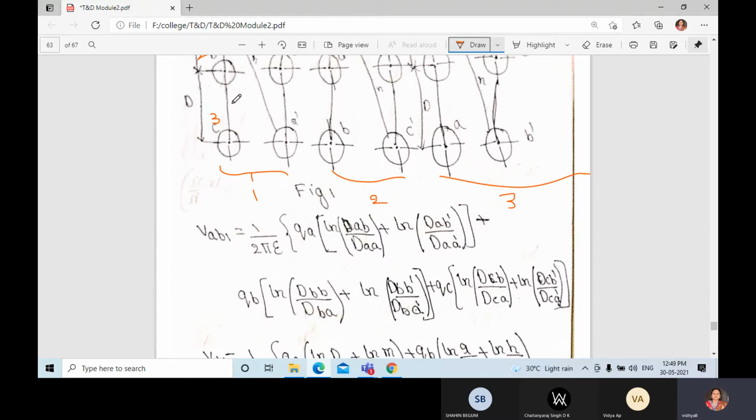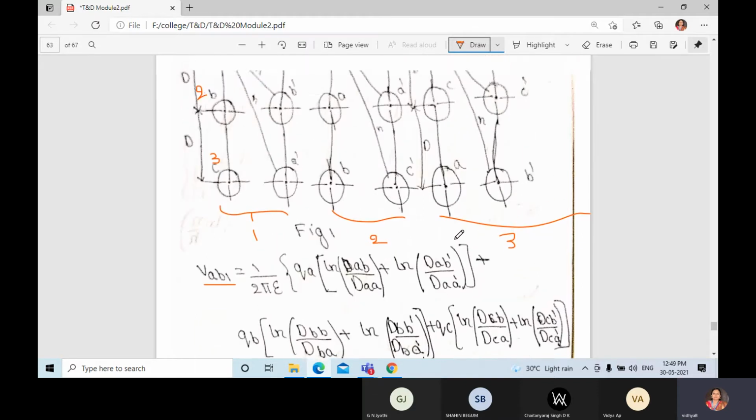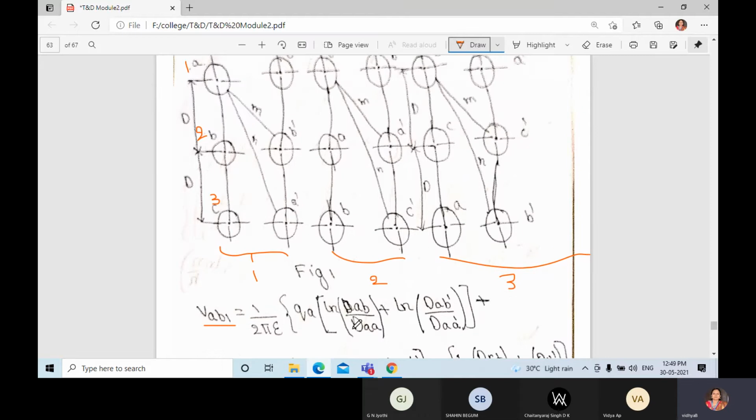So for the first interval, VAB1 is equal to 1 divided by 2 pi epsilon, QA ln DAB divided by DAA plus ln DAB dash divided by DAA dash. As I told in the last class, the first letter A we take in the denominator, that is DAA.